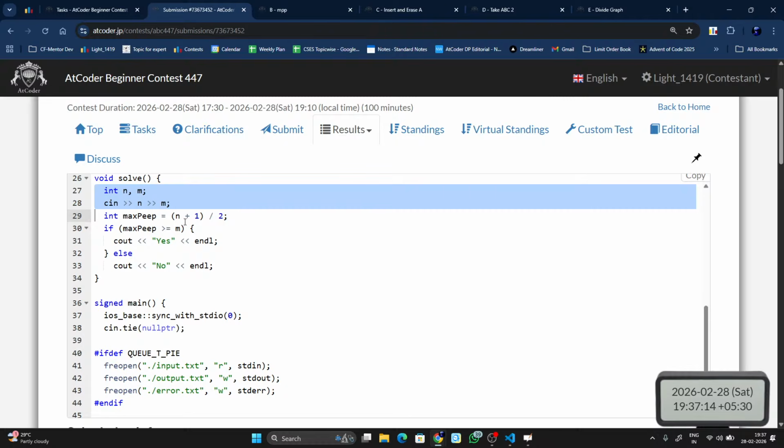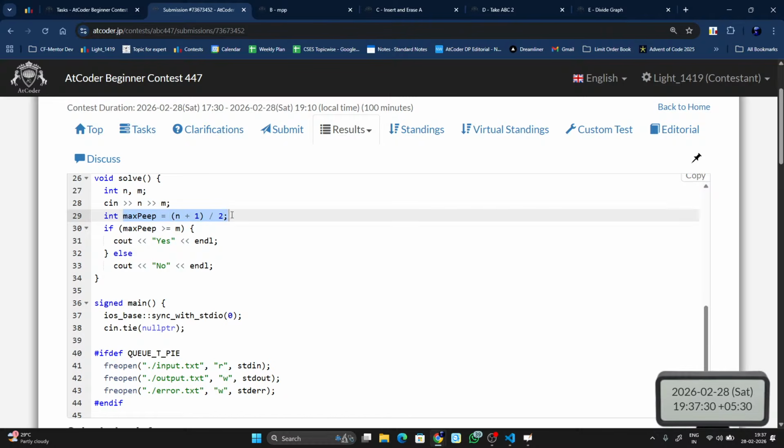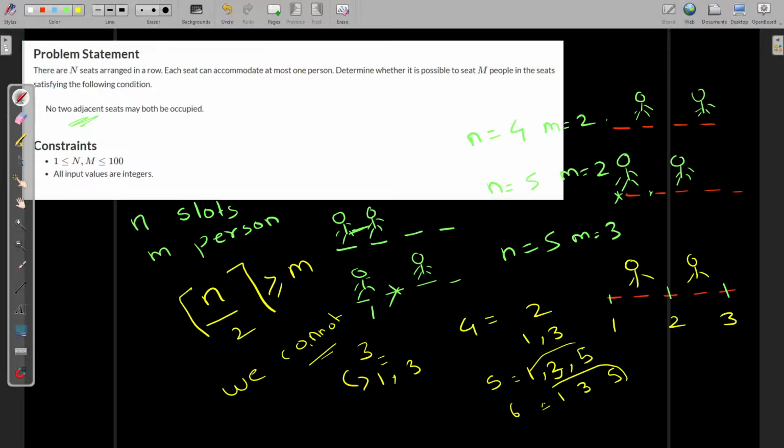Today I solved five problems and we'll be discussing those. So first take input n and m. Then I'm calculating how many max persons I can place in these n slots in alternating fashion, which is nothing but ceil of n upon 2. Ceil of n upon 2 can also be calculated in this way, right? n plus 1 upon 2.